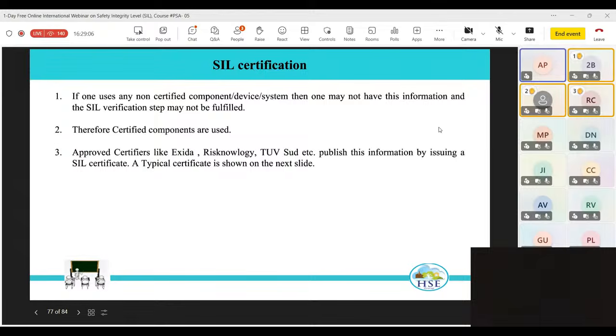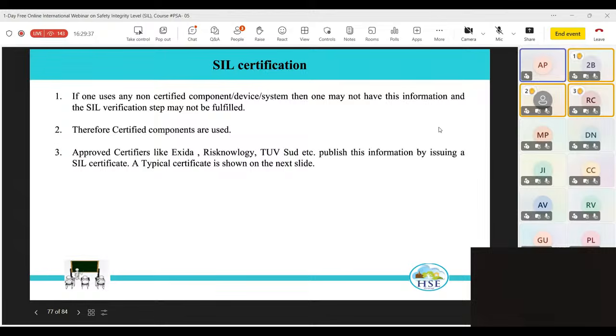In India, the body is NABCB, which is under the Quality Council of India. Like I am a certifier in India, I am supposed to get accreditation by NABCB or any other IAF accredited body. We have obtained accreditation from the American Association for Accreditation. That is the way our company is affiliated.